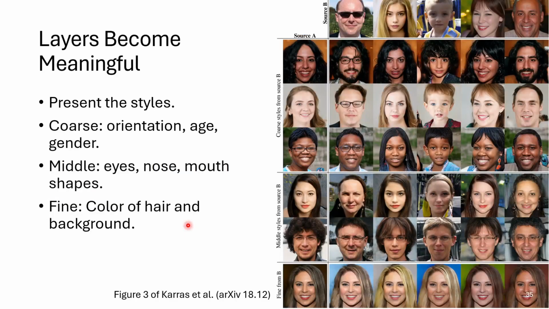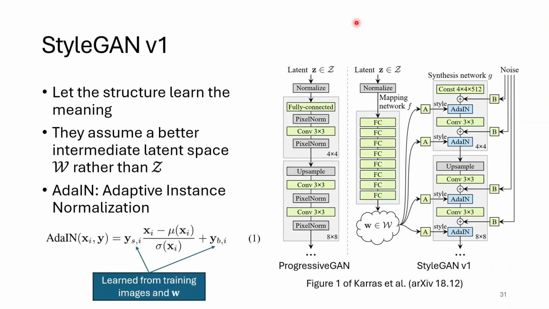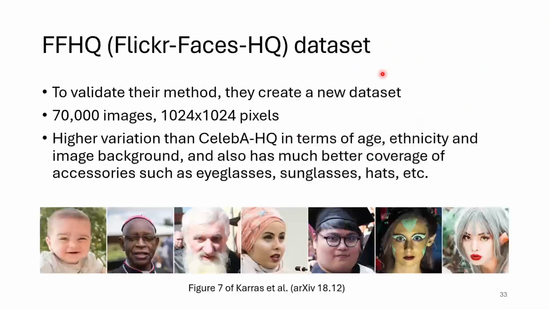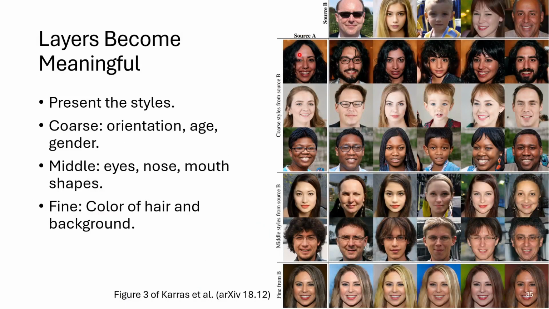And they also found a very interesting thing called layer mixture. So let's take a look here. Suppose this image is generated by a latent code, say Z1, and this image is generated by another latent code, Z2.